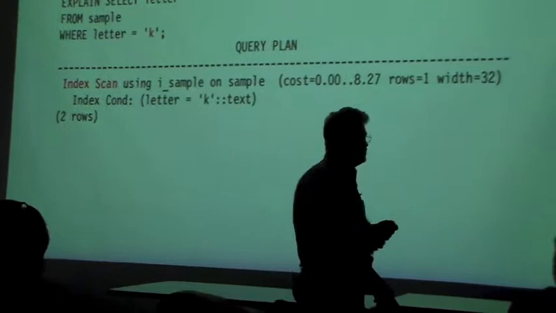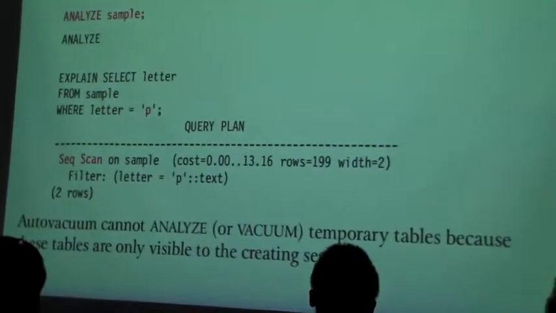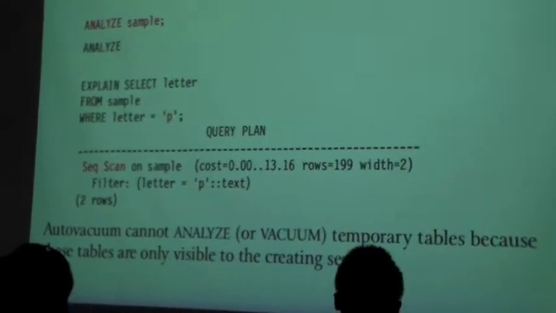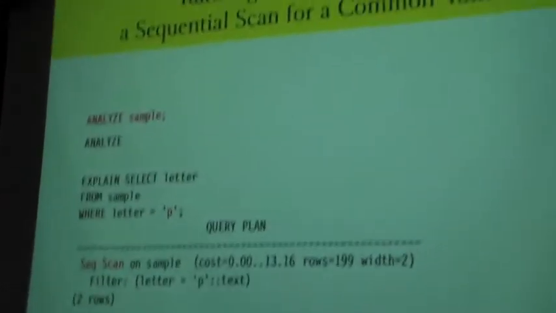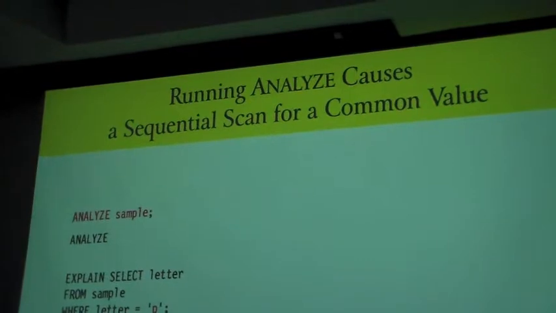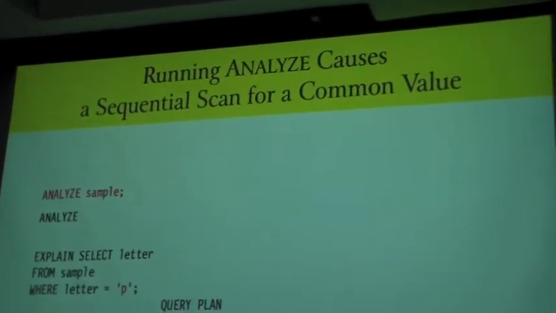For my most popular value and my least popular value, they're all returning the same thing. Why is that? The reason is that I haven't made statistics on the table. We have a special thing called optimizer statistics, which tell the optimizer how common certain values are within a table.